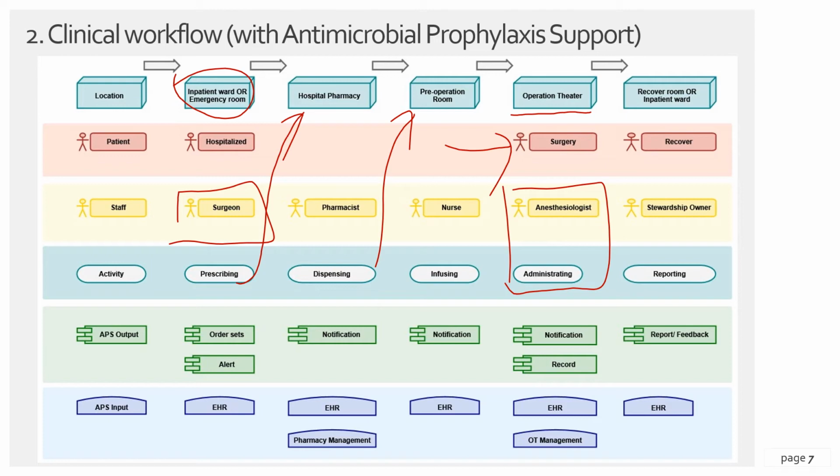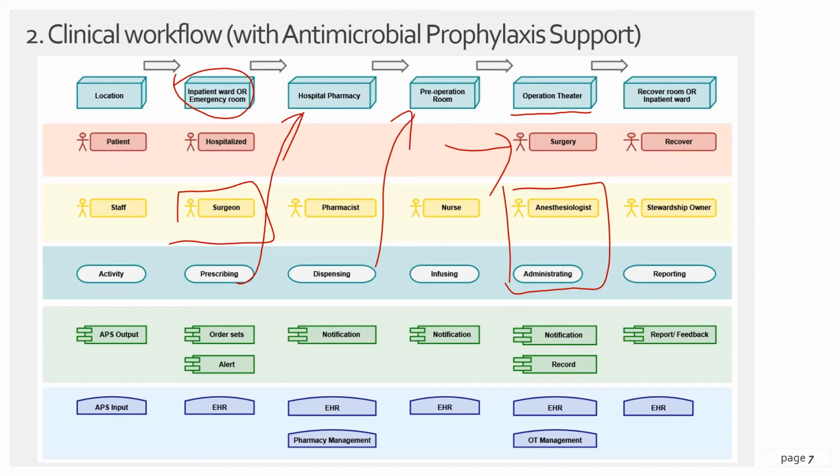And during the procedure, if there is massive blood loss or a prolonged procedure of more than 3 or 4 hours, surgeons will decide to redose or add an additional dose of antibiotic into the patient's body.